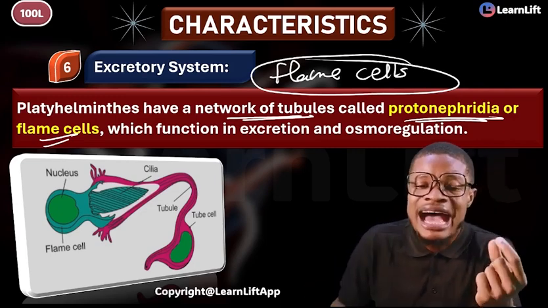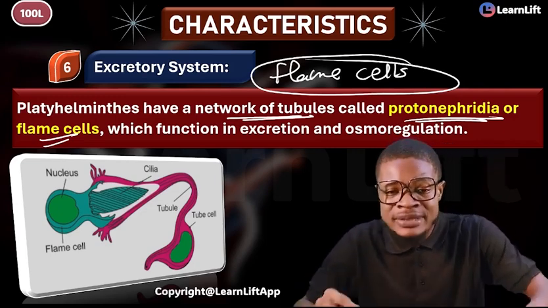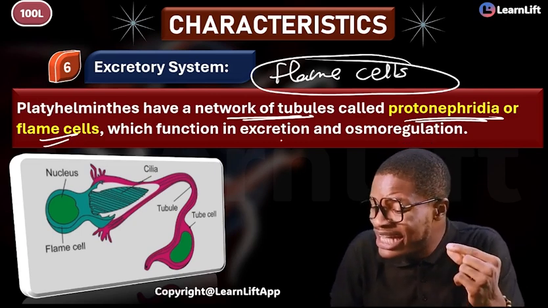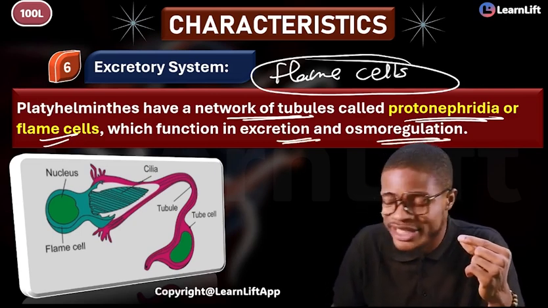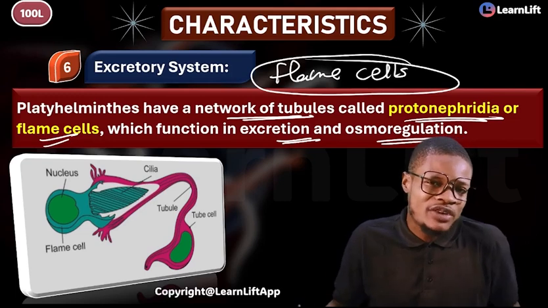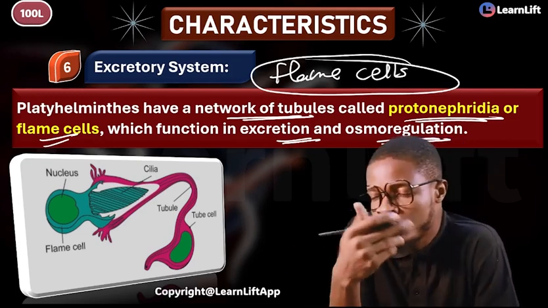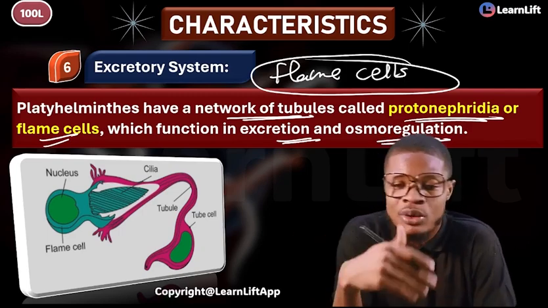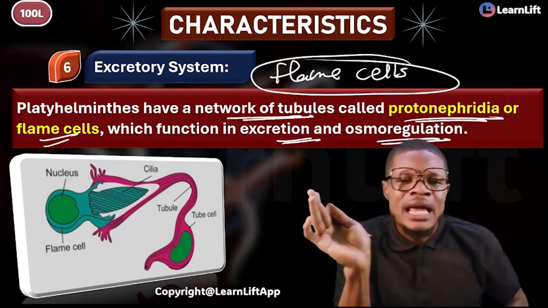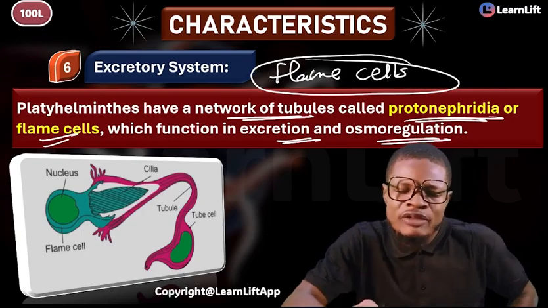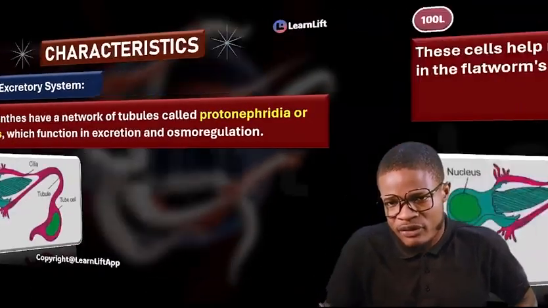Excretory system. And these flame cells function in both excretion and osmoregulation. So when they ask you, are protonephridia or flame cells for osmoregulation alone or both? Both osmoregulation and excretion, don't forget. Now, let me dwell more on flame cells.